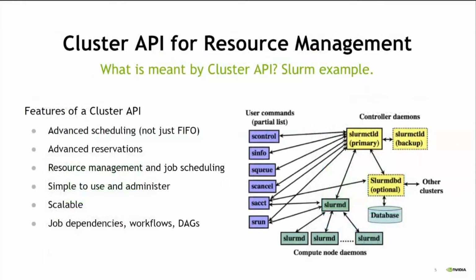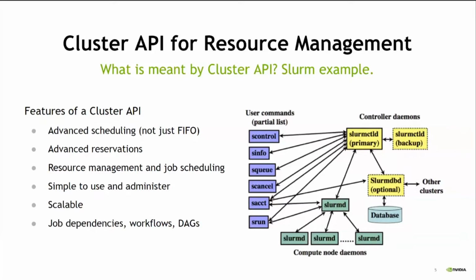Let's go over briefly what a cluster API is. A cluster API has many benefits. You can automate and enforce resource reservations and scheduling. Users are prevented from direct access to the hardware without first reserving it through the API. Some of the resources that a cluster API will typically manage for you are GPUs, CPUs, and memory.